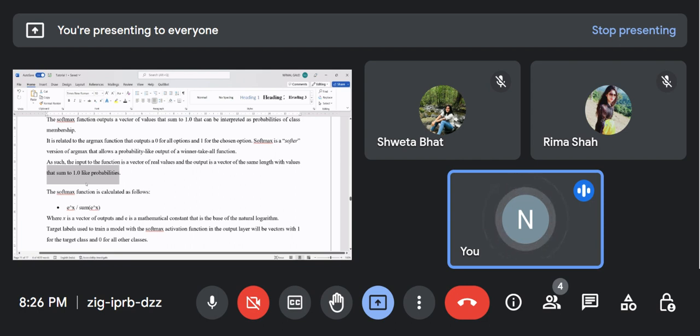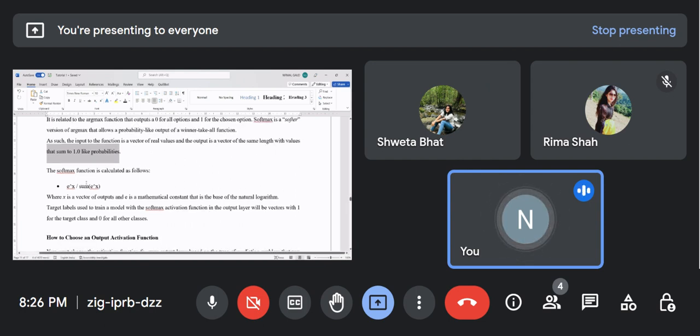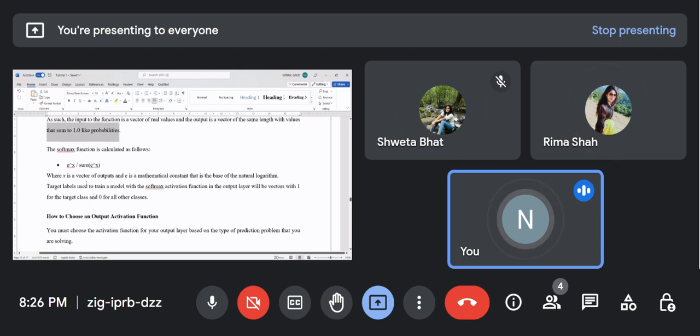For example, the probability of 2 coming is 0.4 and the probability of 3 coming is 0.6. So the resultant vector will be 0.4 comma 0.6. Are you getting my point? Yes, sir. This is what softmax does.